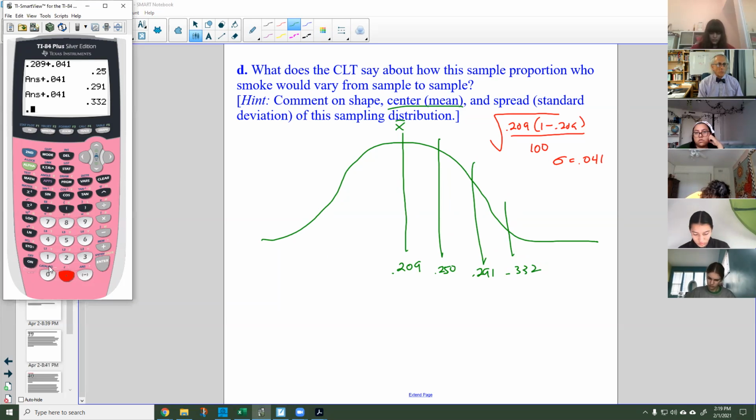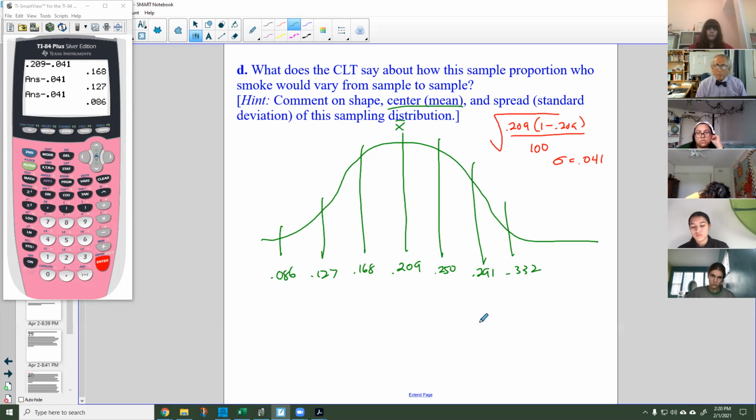And then let's go 0.209 minus 0.041 minus 0.041 minus 0.041. And on this side, I have 0.168, 0.127, and 0.086. Is everybody okay with that?